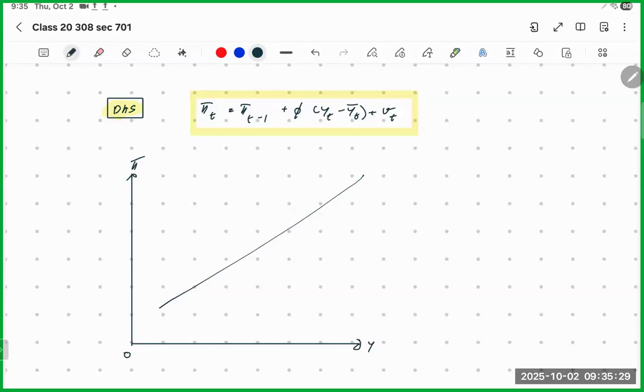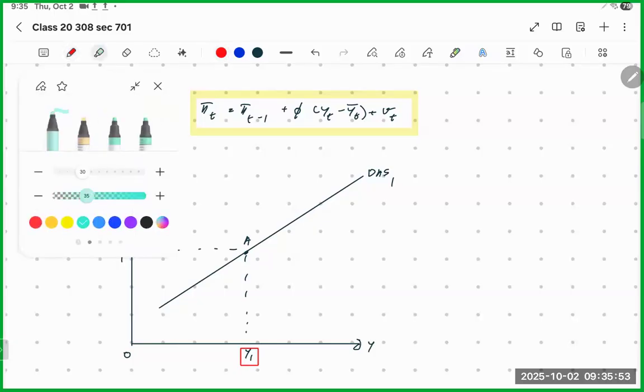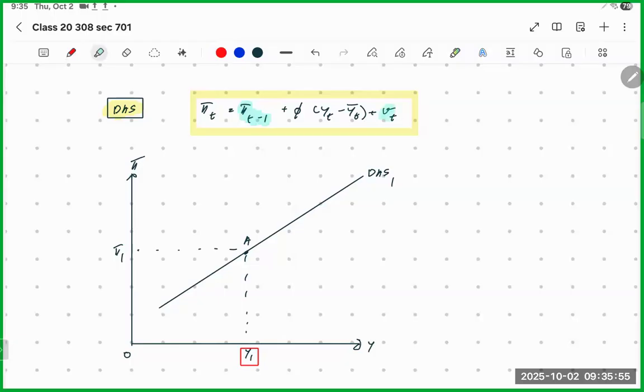We have point A, for example, here, with inflation pi 1 and GDP y1. We're going to fix the level of total output here and see how inflation is going to change. The factors that can shift the dynamic aggregate supply are pi t minus 1 and vt, the supply shock.